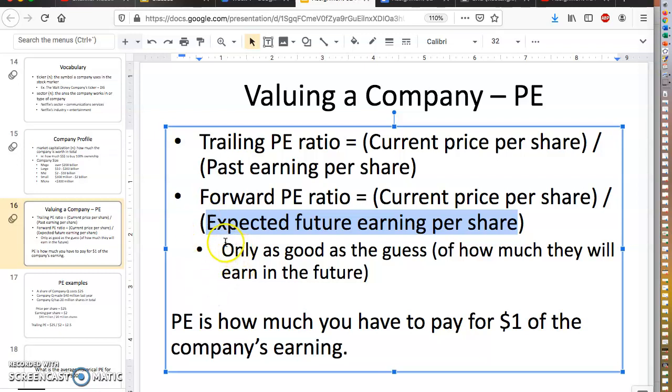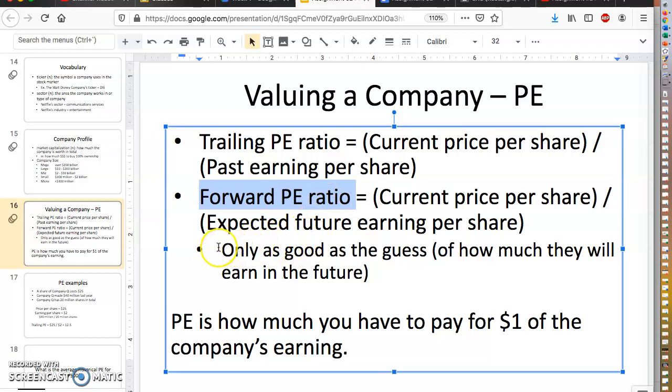So the forward PE ratio is the one you care about more because it is from future earnings that you're going to make profits. If they made a whole bunch of money last year, but you don't think they're going to make money next year, then maybe you shouldn't buy their stock because they can only pay you using future money.